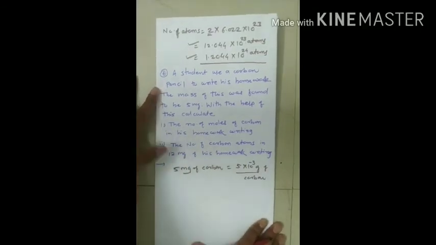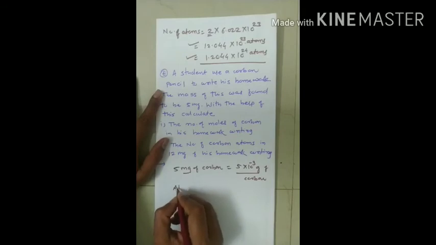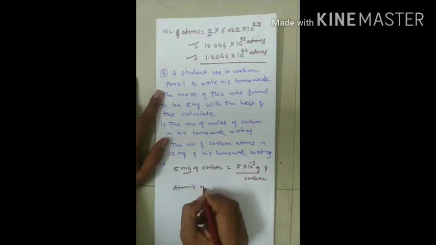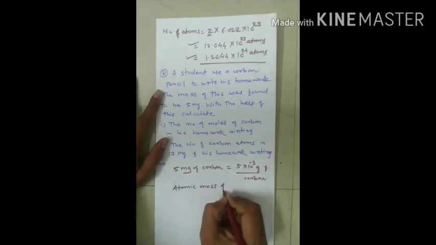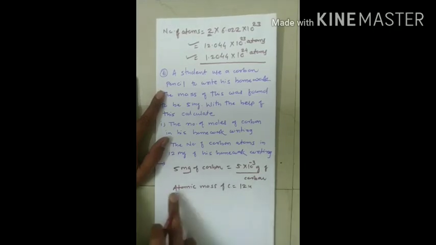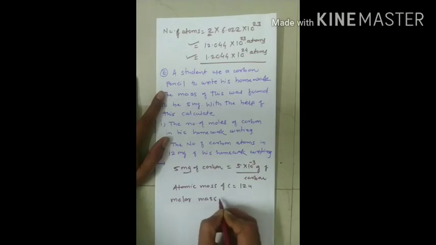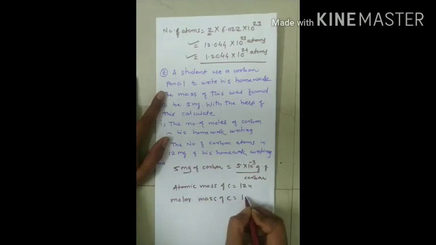Now, as we all know, the atomic mass of carbon is 12 AMU or 12 u. So for atomic mass 12 u, what is the value of molar mass? I already discussed that molar mass is nothing but atomic mass, but the magnitude will remain the same.